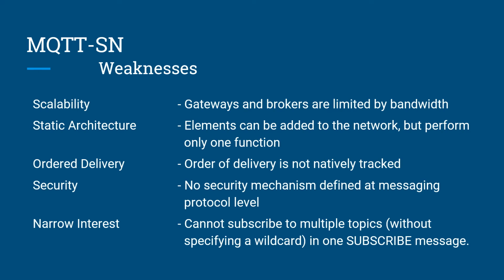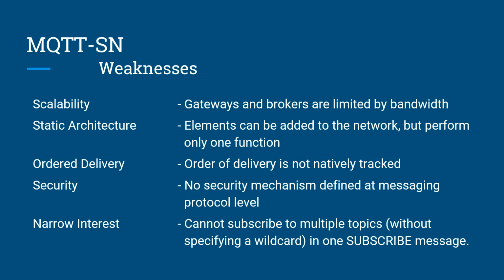Now, where it sort of falls down is the scalability. Gateways and brokers are limited by bandwidth, so you can only have a certain number of clients connecting to any gateway or broker. If you're trying to canvass a large area with many nodes, you would have to have an increasing number of gateways in order to cover all of these nodes.